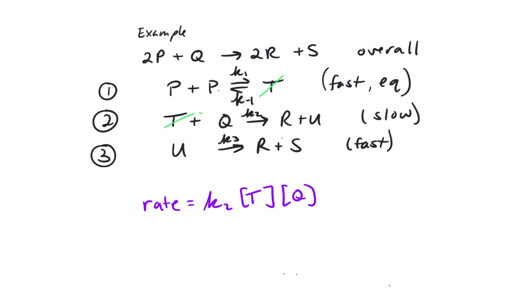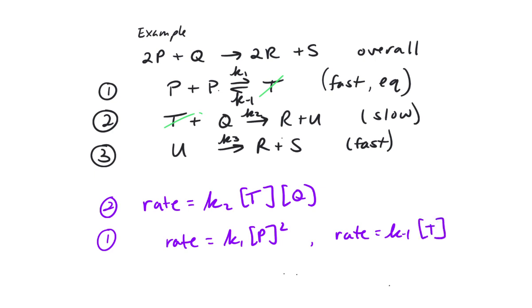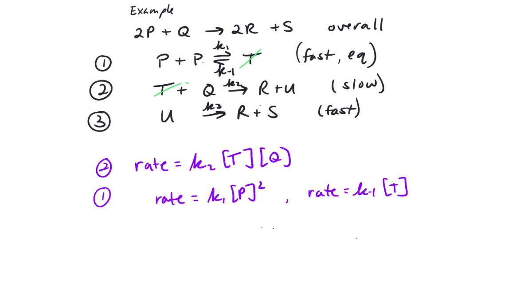So we need to write an equation that allows us to solve for T, and we can use equation 1 for that. From equation 1, we're going to have rate in the forward direction equals k1 times the concentration of P squared. We're also going to have rate equals k minus 1 times the concentration of T. That's for the reverse reaction. Again, we have that equilibrium.